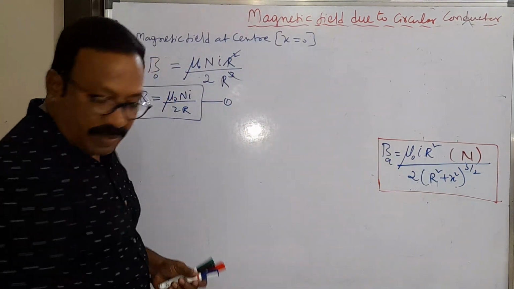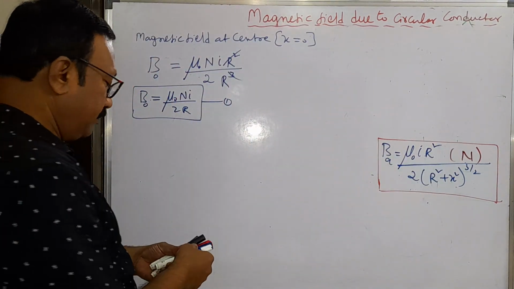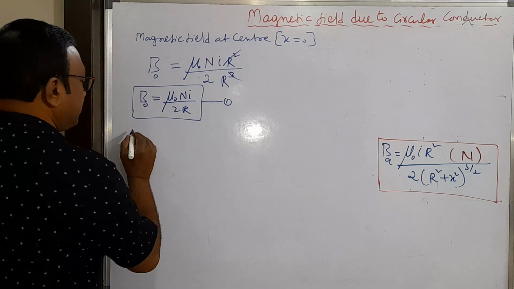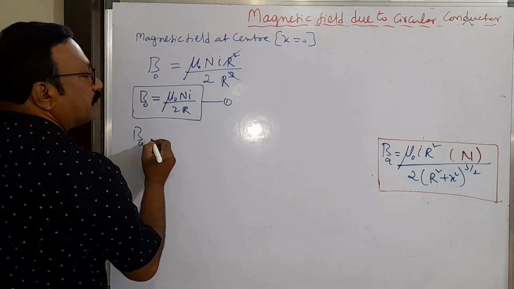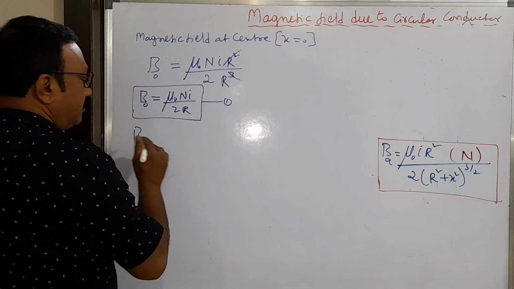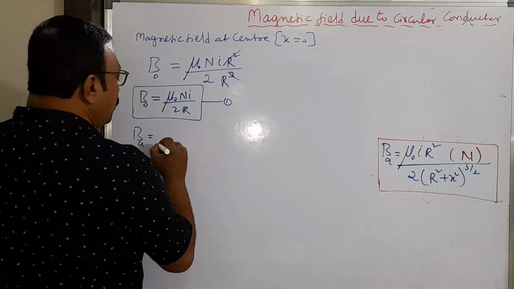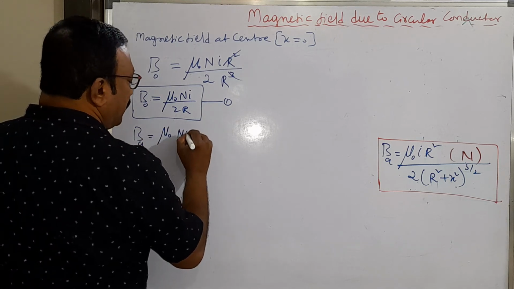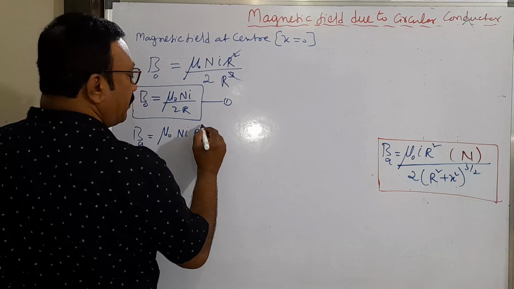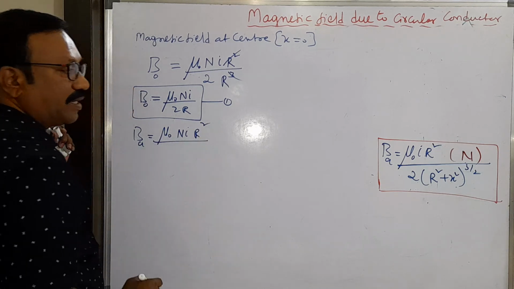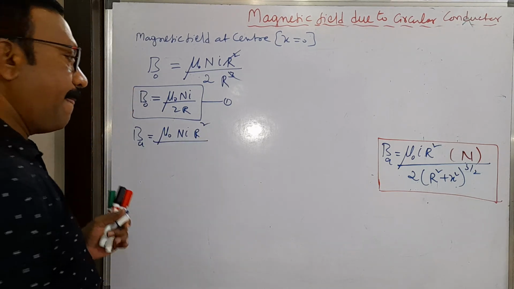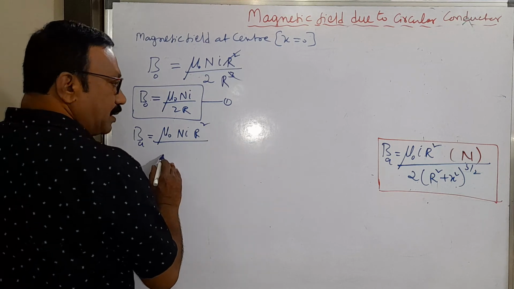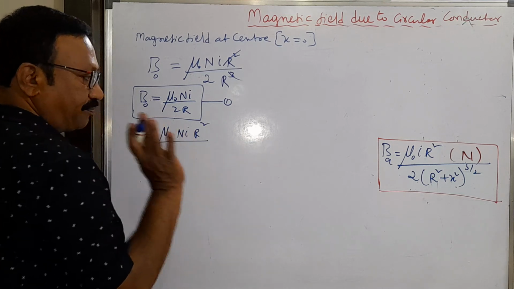So I will take that expression now. This is μ₀NIr² divided by 2 into, we'll do something now.